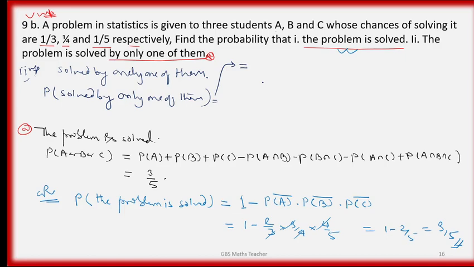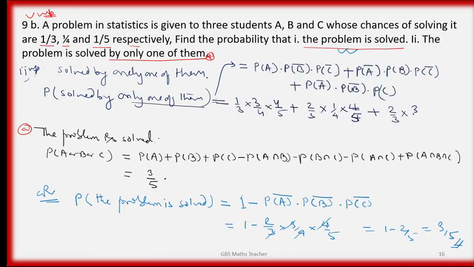र तिमी अब यसलाई 1/3 times complement B 3/4 times 4/5 गर्छौ प्लस यो केसमा जाँदा तिमी 2/3 times 1/4 times 4/5 plus 2/3 times 3/4 times 1/5.